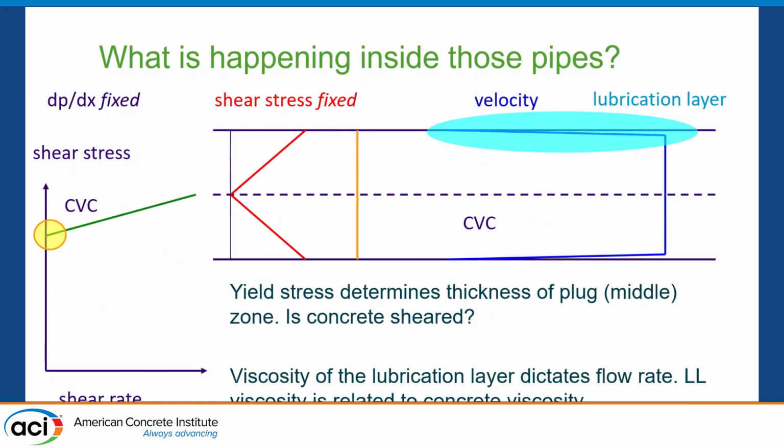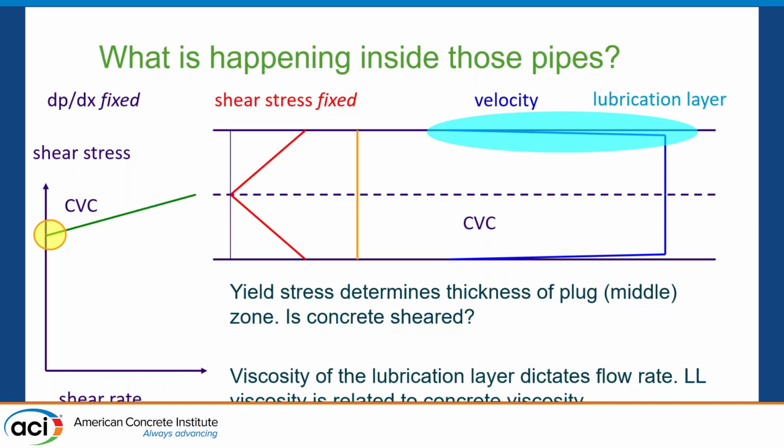For conventional vibrated concrete, and let's not have a strict distinction that there's no shearing in conventional vibrated concrete, it can happen: small pipes, high pressures, you'll get there, right? Well, let's assume that this is the condition where it happens. The yield stress will determine whether that bulk concrete is being sheared, yes or no, and again, it's not a simple answer, whether it's straight yes or straight no, right? And then the viscosity of the lubrication layer is what will dictate flow rate.